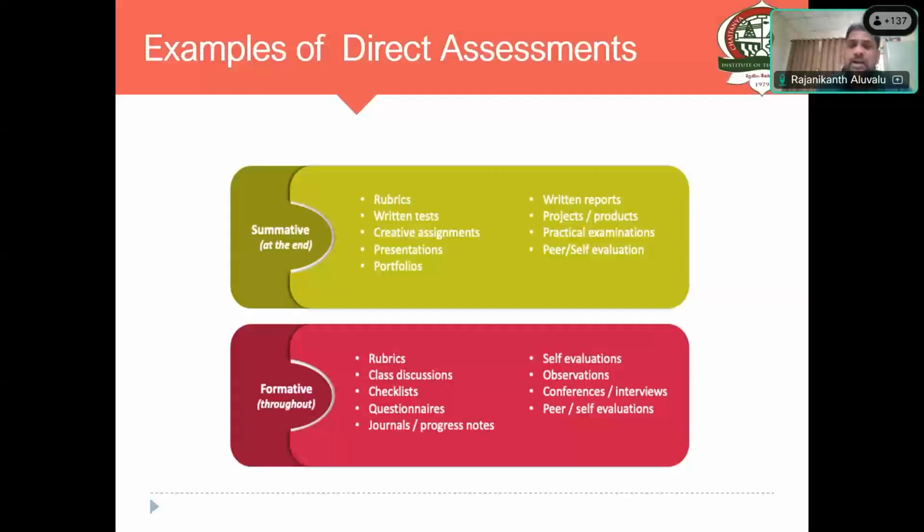So that's why as a faculty member, we always need to choose a different strategy, a different mechanism to assess the student from the basket of testing strategies that are available.